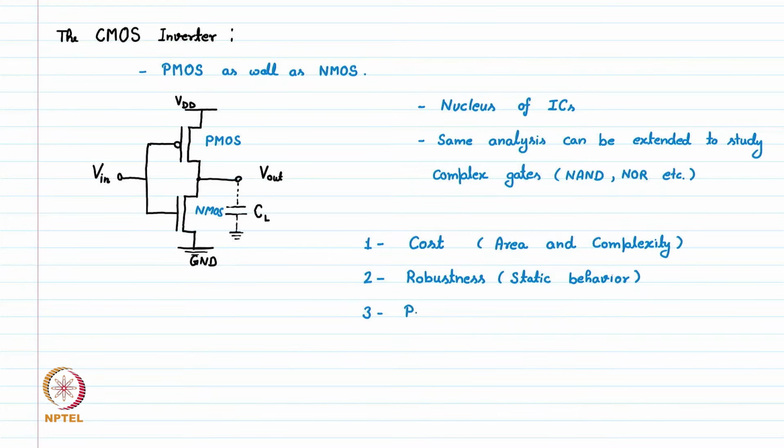The third is performance. This is measured in terms of dynamic or the transient response. And the fourth parameter is energy efficiency.